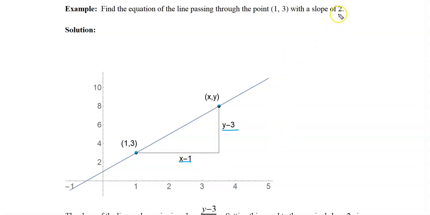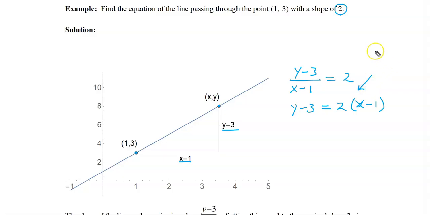Now our line is supposed to have a slope of 2. So if we set our rise over run equal to our slope, we end up with this equation, and there's the equation of our line. That's all we have to do. Now this is a particular form for the equation of a line, called point-slope form.